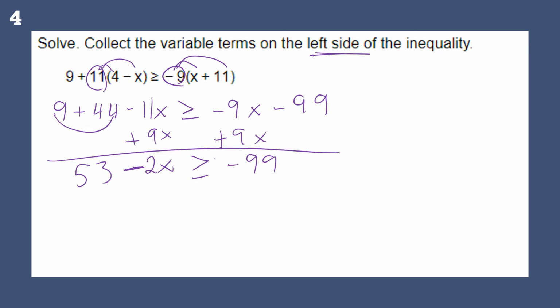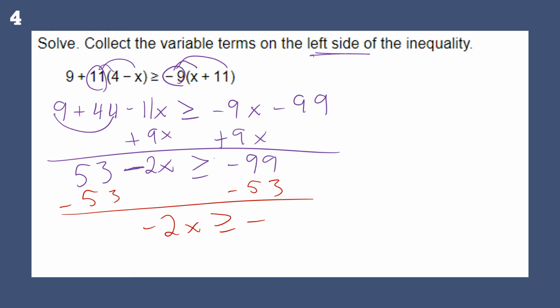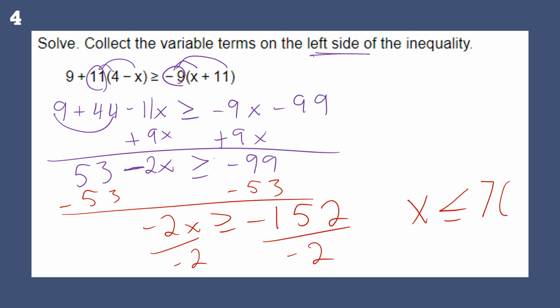The first thing I'm going to do is subtract that 53. And now I have negative 2x is greater than or equal to negative 152. And the last thing I have to do is divide both sides by negative 2. And that's going to finish up with x is less than or equal to positive 76.